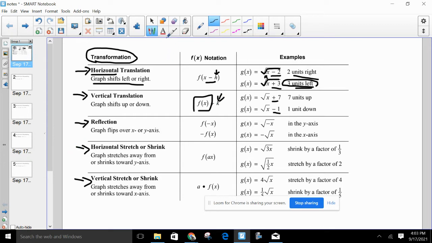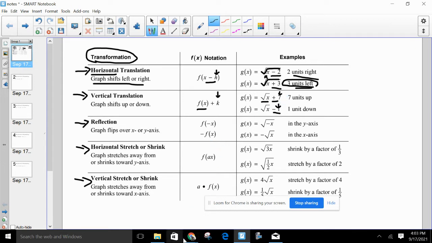Notice, it's outside it. Okay? So f of x represents the function square root of x. But now, if we add something outside the square root itself, notice how it's the 7 or the 1 as examples, they're outside the square root. That's going to make it go up or down.